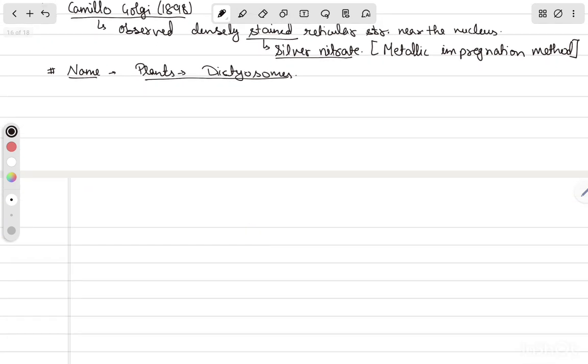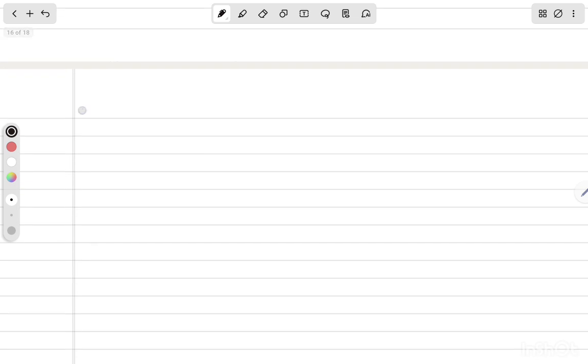Now, just like endoplasmic reticulum, Golgi bodies also have structural forms. What are those structural forms?